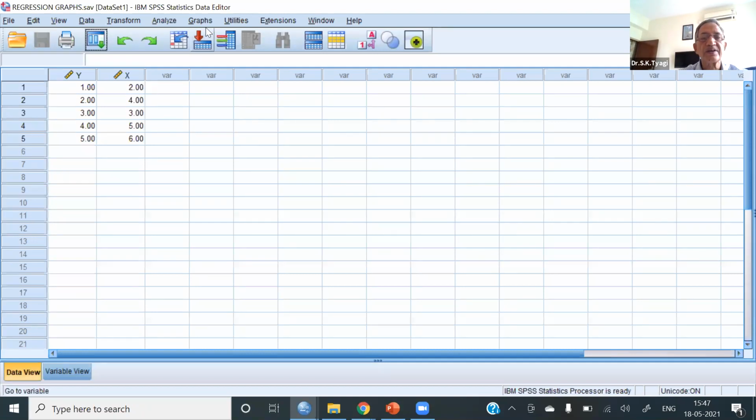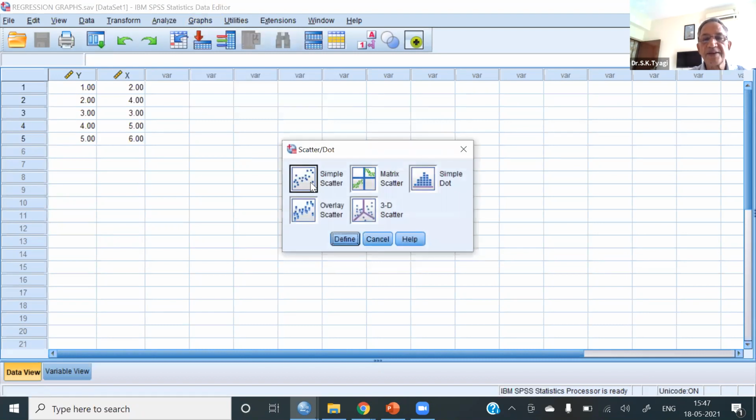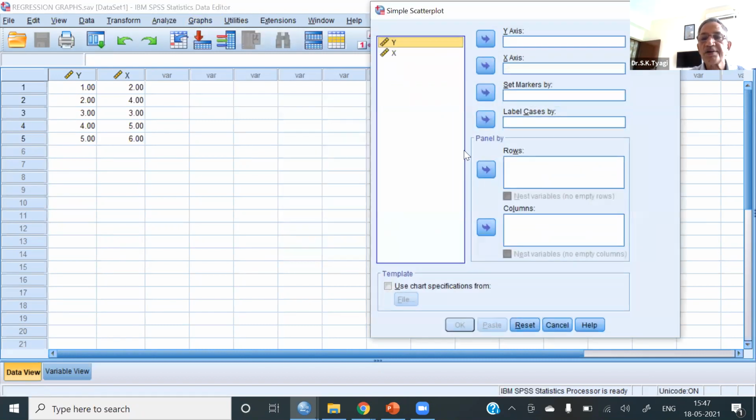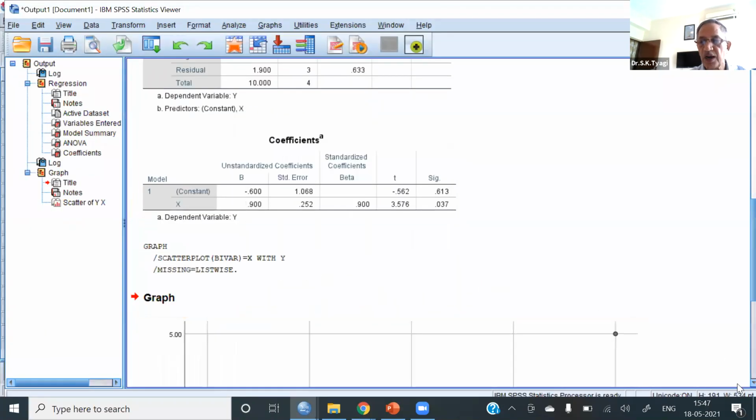While studying correlation, we drew this graph: graph, legacy dialog, scatter plot, in order to find out whether there is a linear relationship or not. We drew this scatter plot. So define simple scatter, y-axis y, x-axis x, and then OK. So this graph we get, okay.